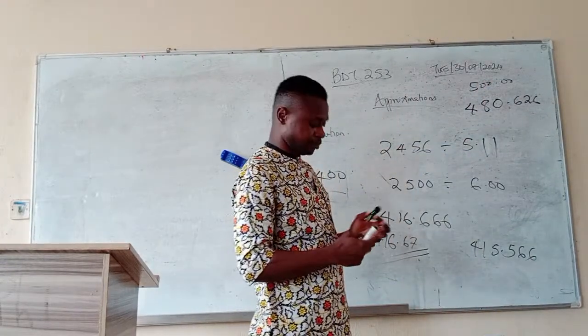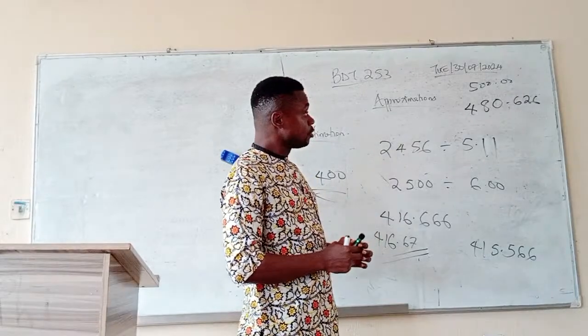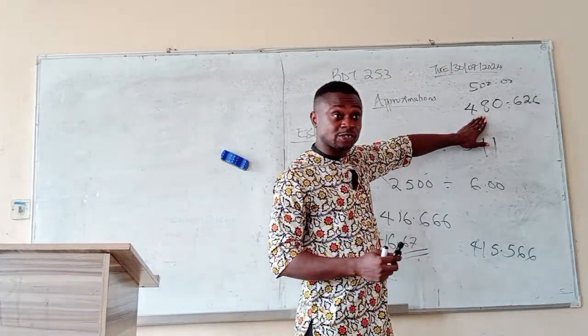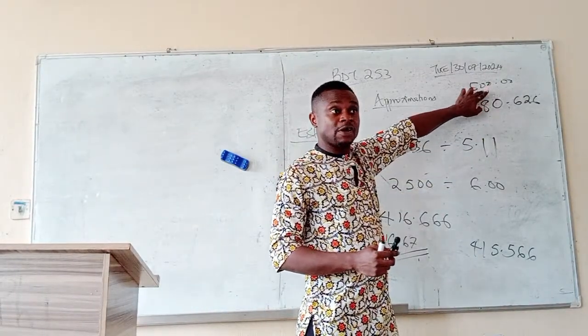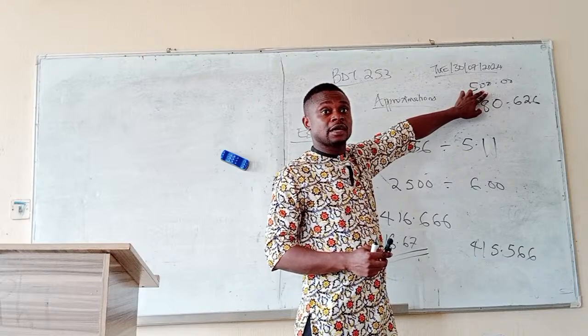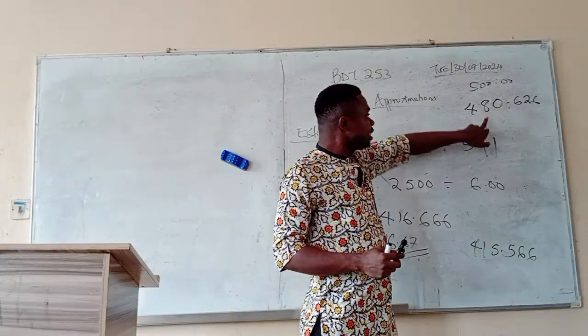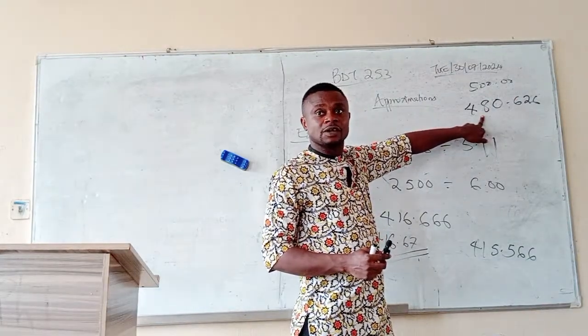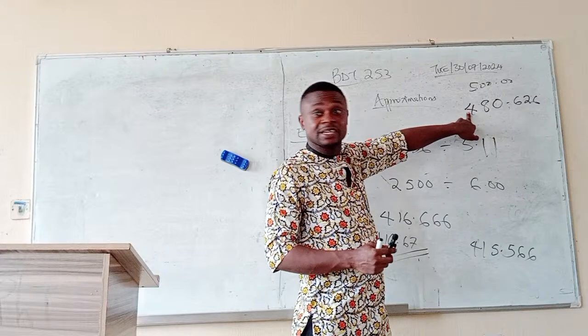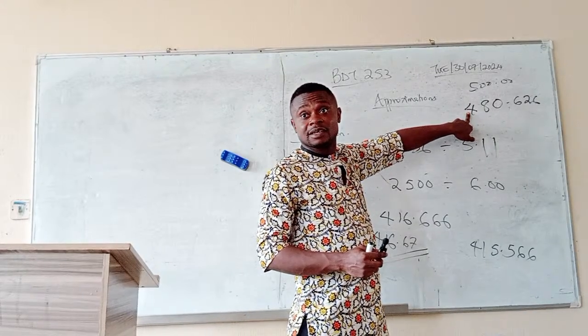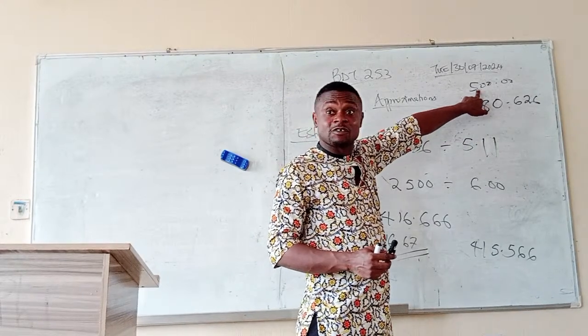Look at it now. If you do approximation, you get what? So this is a good estimate for this one. 4.8 is not bad, even though 5 is not exactly here. This 500 is a good estimate for 4.8.